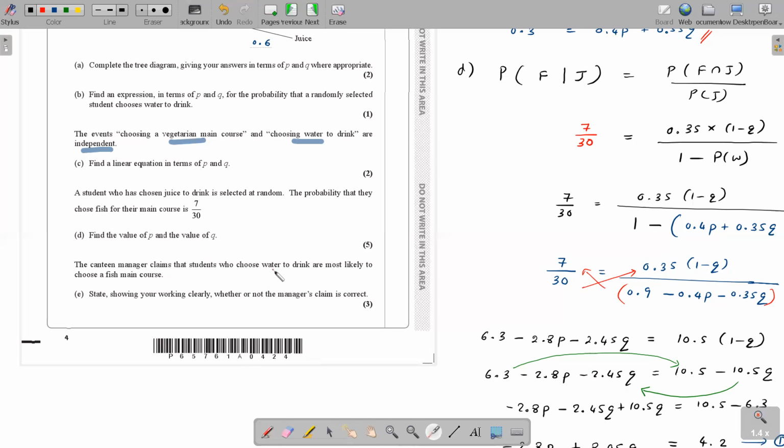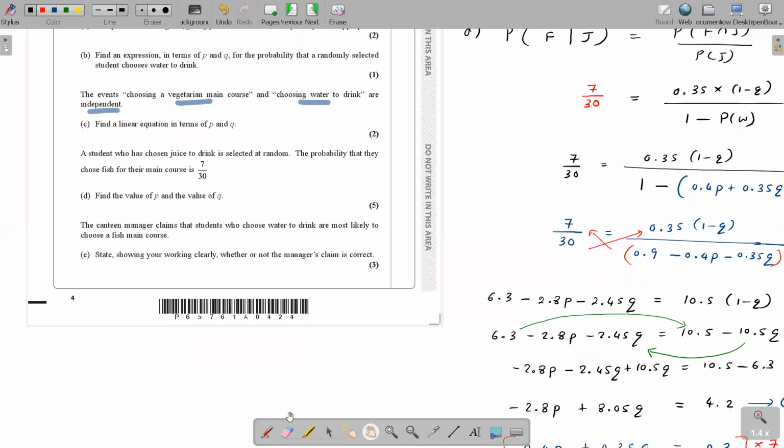No, only the people drinking water. So once again, what probability? Conditional. Why? You are not considering your entire population. Remember, the moment you select only a part of your population to do a sum, it's conditional.